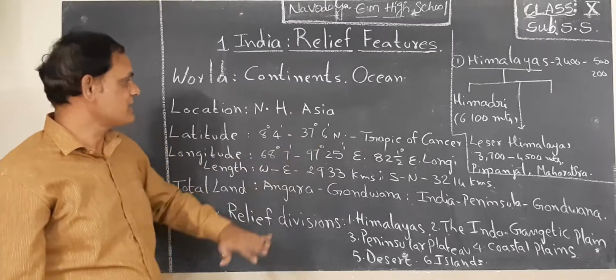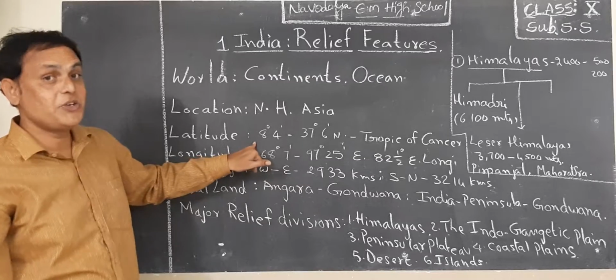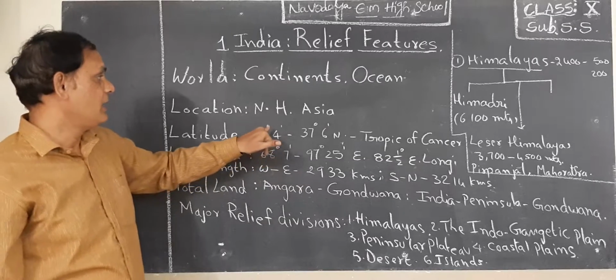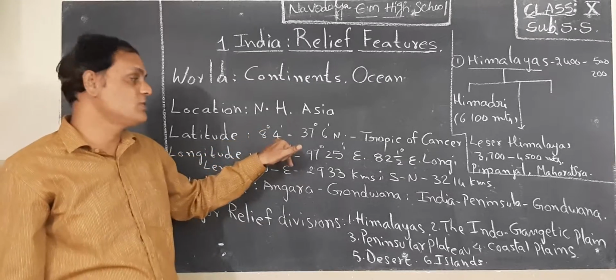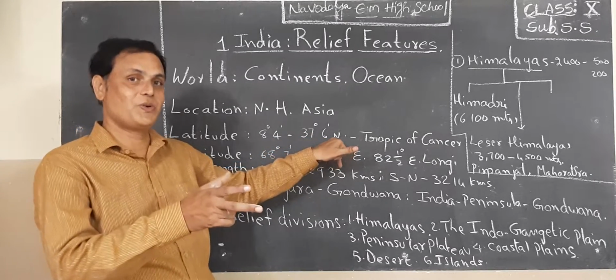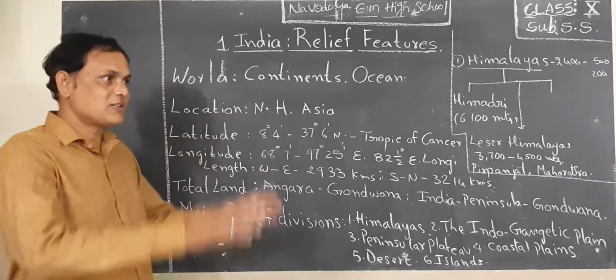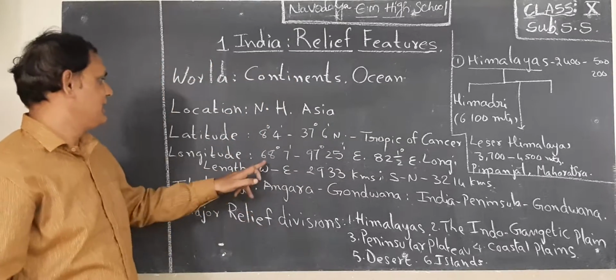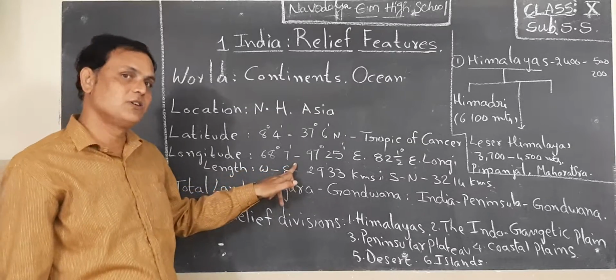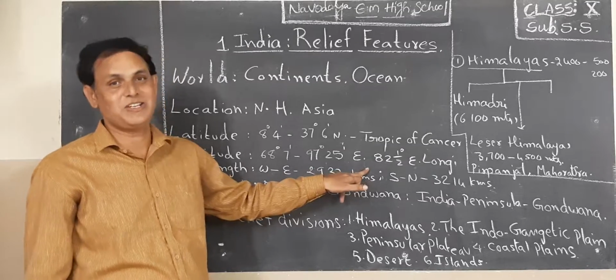First of all, I want to say the latitudinal extent: 8 degrees 4 minutes to 37 degrees 6 minutes north latitude. That is the latitudinal extent of our country. Next, longitudinal extent: 68 degrees 7 minutes to 97 degrees 25 minutes east longitude.